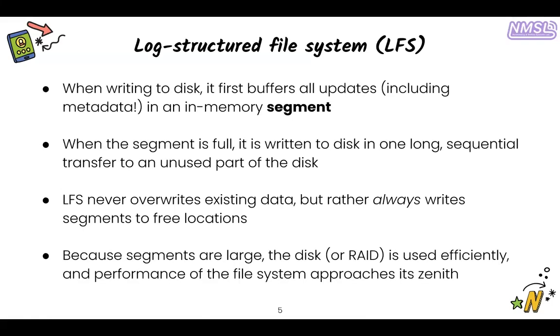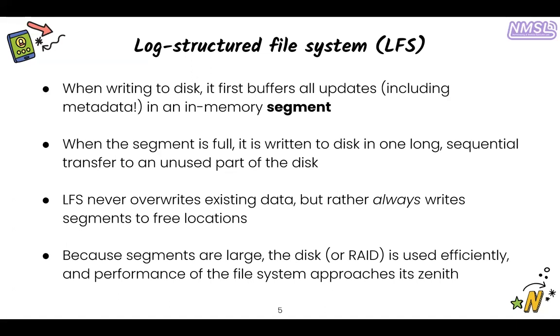So what LFS does is that when it's time to write to a disk, first, it's going to buffer them in an in-memory segment. So here we're going to use a term segment. It's basically a large space. You don't want to do multiple writes, so you just want to buffer it a little bit and write it at once. When that segment is full, it is going to be written to disk in one long sequential transfer to an unused part of the disk.